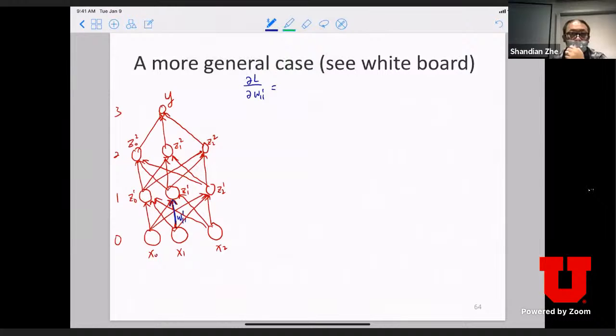The target node on the edge corresponding to W111 is Z11. Starting from Z11, how many paths do we have to connect to the output neuron Y? 3. So let me just draw them out.